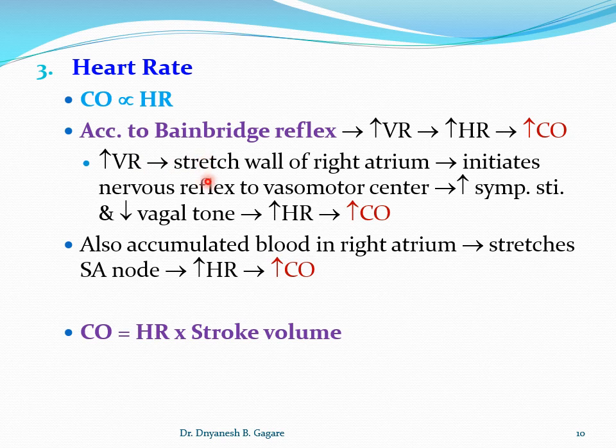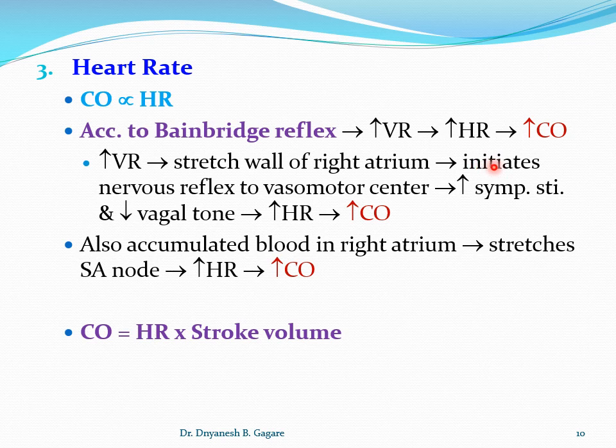When there is an increase in venous return, then as per the Bainbridge reflex, in the right atrium wall there are receptors, and they are supplied by the vagus nerve. These receptors get stimulated when there is stretching of the wall of the right atrium, and they stimulate the afferent of the vagus nerve and send signals to the vasomotor center.